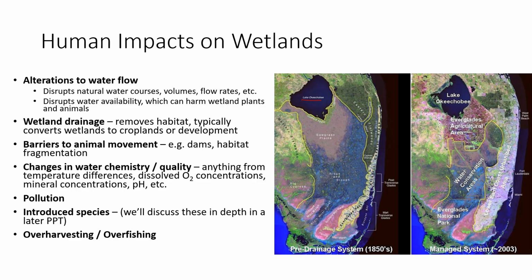We identified this area, or humans identified this area, as great agricultural land. They raised the land and they altered the flow of all that water coming out of Lake Okeechobee. You can see how Lake Okeechobee itself has been altered, right? All of this land right here is now dry that wasn't before.